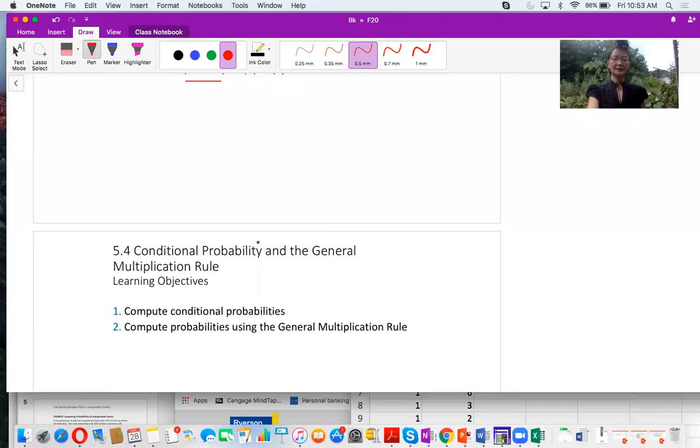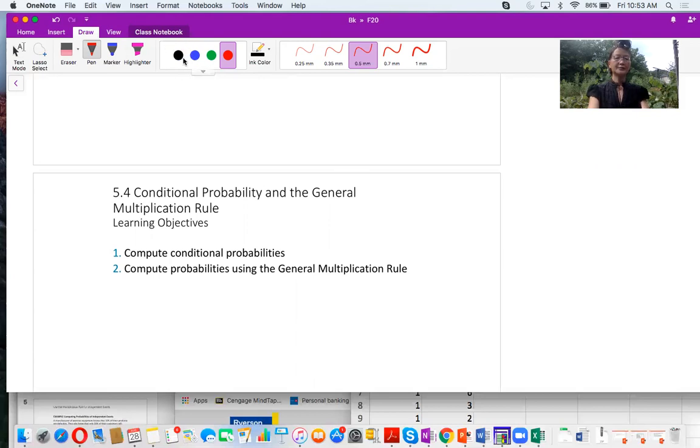So that is the multiplication rule. Next, we'll talk about conditional probability and the general multiplication rule. So we'll compute the conditional probability, and we'll compute probability using the general multiplication rule.